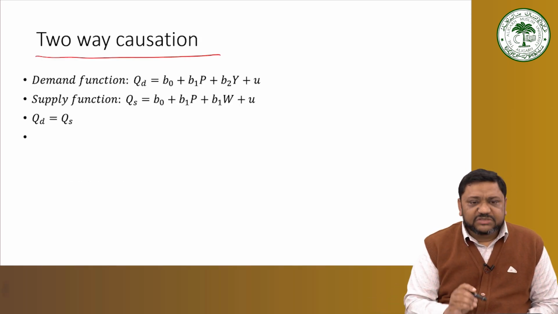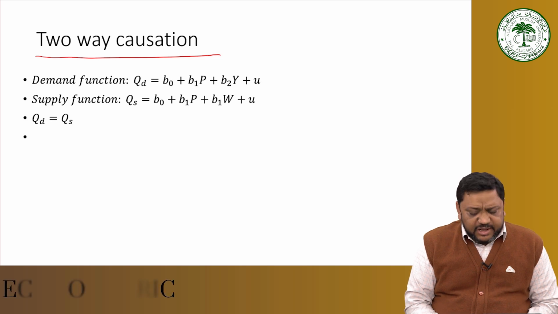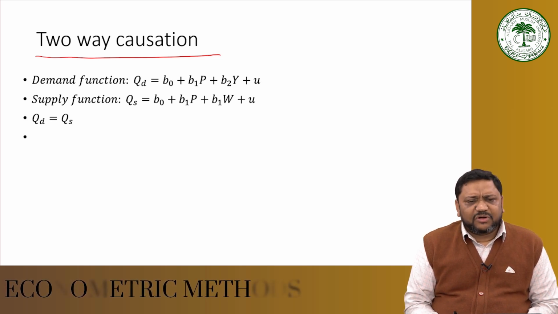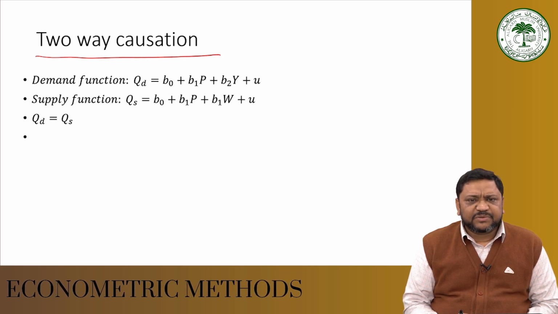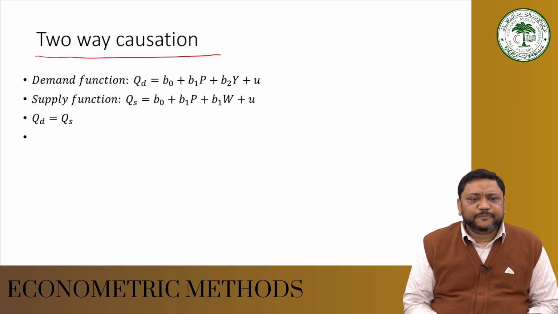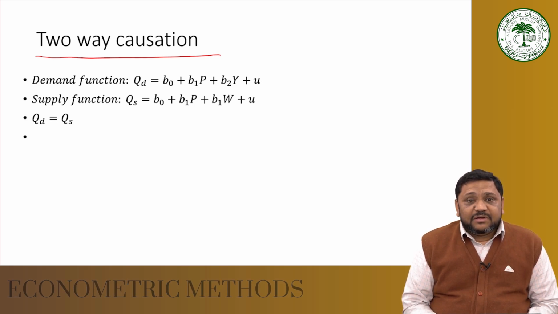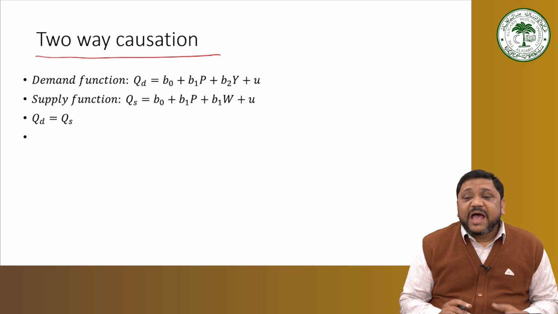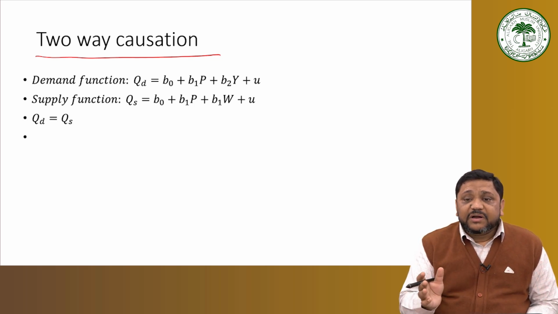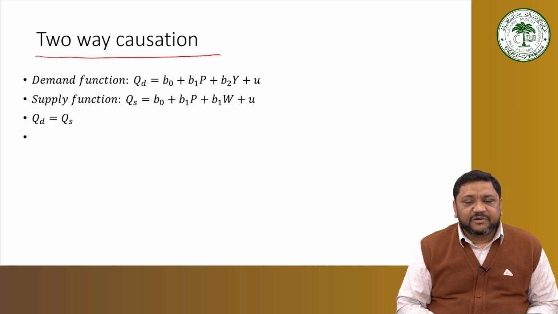With the help of another example, we can see that there is a two-way causation. Two-way causation means, let's take a demand equation: Q = B0 plus B1 P plus B2 Y. Y is not a point of our discussion at the moment. It depends upon price. Price is the independent variable. Okay, agreed. But in reality, quantity demanded is not only a function of price, but price is also a function of demand.